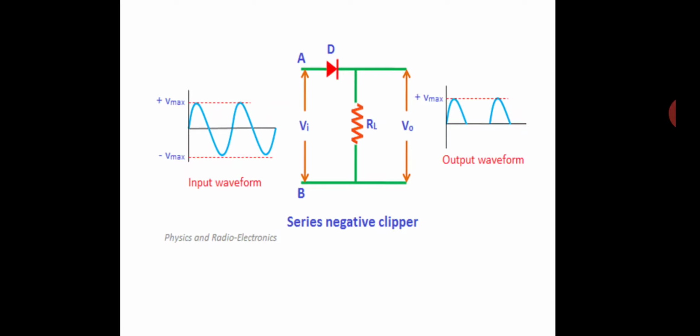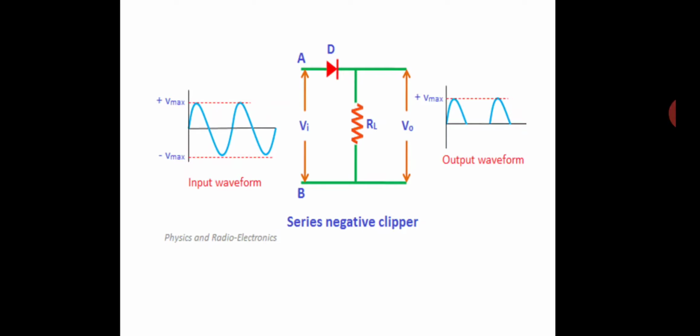And the positive input supply goes to load RL, and current flows in the circuit, and we receive the output voltage V0 at load RL, which is equal to Vmax. The input is Vmax, and the output we get is Vmax positive supply.